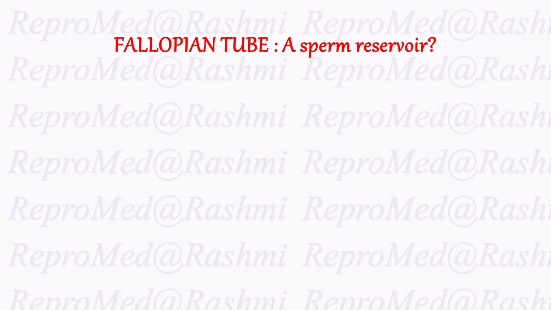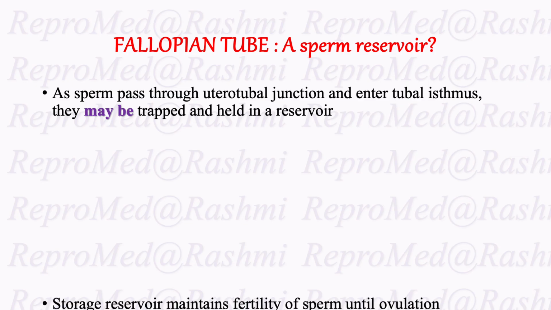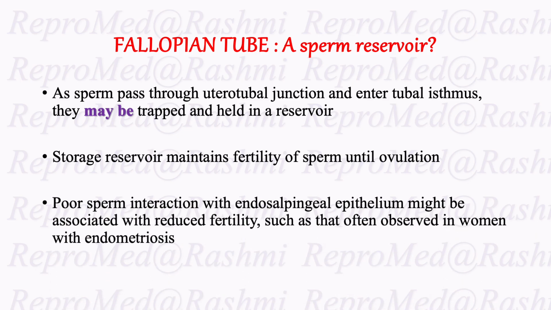Fallopian tube, is it a sperm reservoir? As sperm pass through the uterotubal junction and enter the tubal isthmus, they may be trapped and held in a reservoir. The storage reservoir maintains fertility of sperm until ovulation. Poor sperm interaction with endosalpingeal epithelium might be associated with reduced fertility, such as that often observed in women with endometriosis.